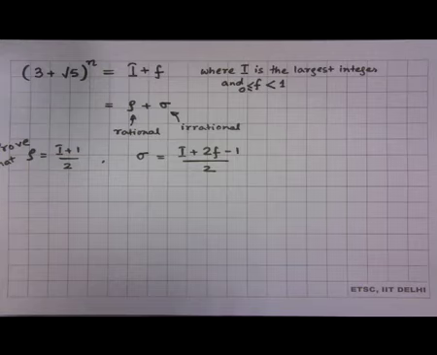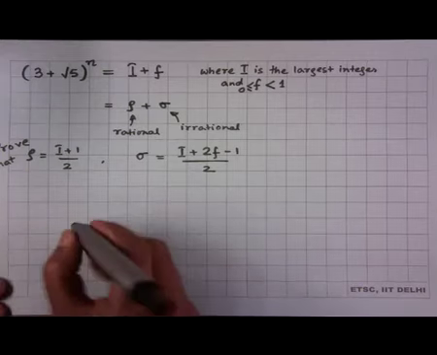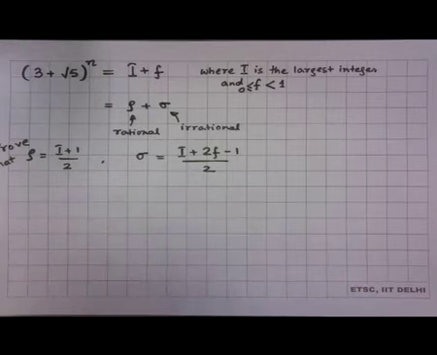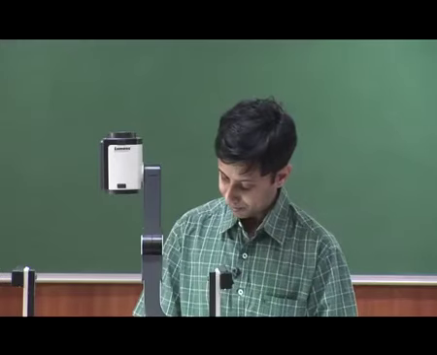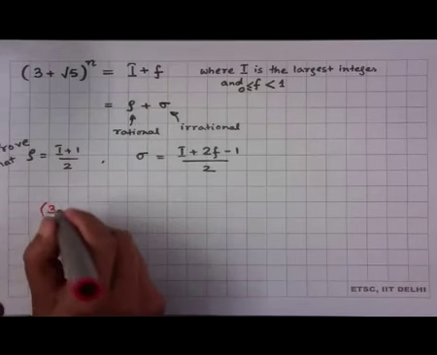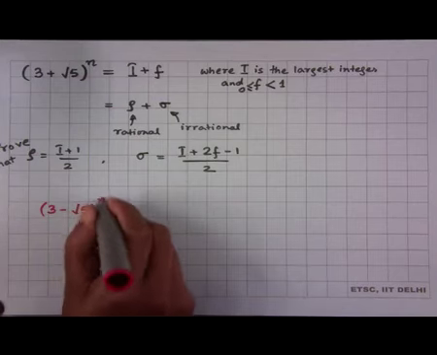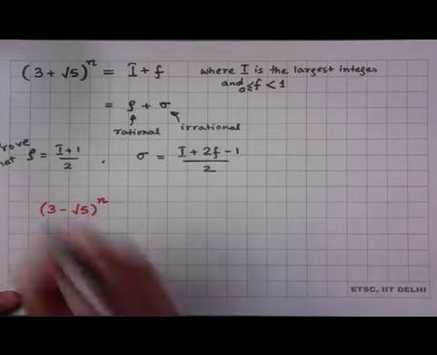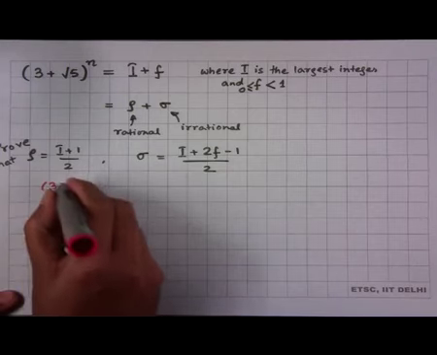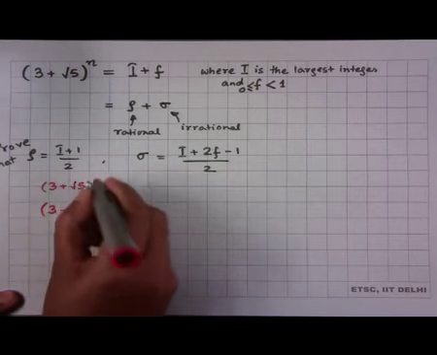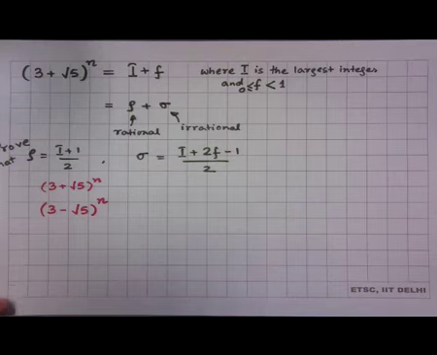How will you do this? Let us look at the following. Now, this I am going to pull out from my hat, magician's hat. Let us look at 3 plus root 5 whole power n, and let us also look at 3 minus root 5 whole power n.